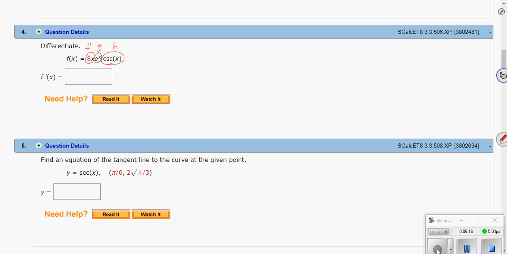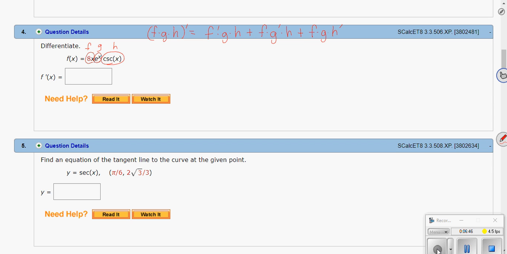If I have F times G times H, the derivative is F prime times G times H plus F times G prime times H plus F times G times H prime. So we're just expanding the previous product rule that only had the product of 2 functions.